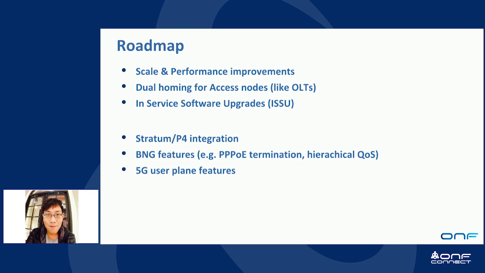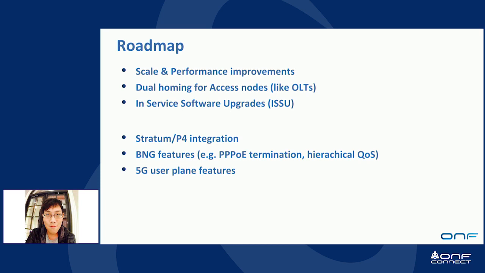And we also want to support dual homing for access nodes like OLTs. I mentioned dual homing earlier, but those are mainly for the servers and upstream routers. We haven't had the dual homing ability for access nodes like OLTs.